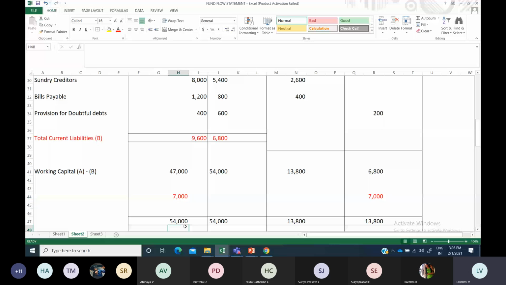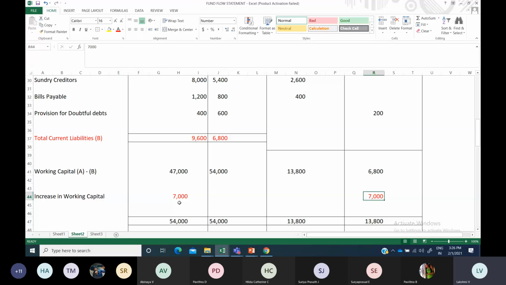So this has actually increased from 47,000 to 54,000. Okay. So what is this meant by increase in working capital? Increase in working capital. So if you check whether your answer is right or wrong, if you see this 7,000 and this 7,000, it is same.